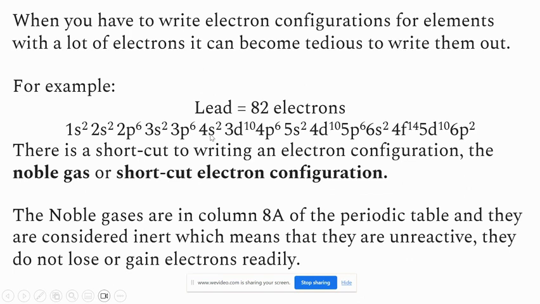So essentially you're taking all of this stuff right here and replacing it with Xe, and then you start from that point. Make sense? So your noble gases are like your ladders in chutes and ladders. All right, good.